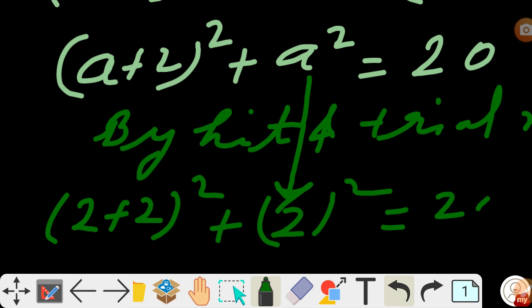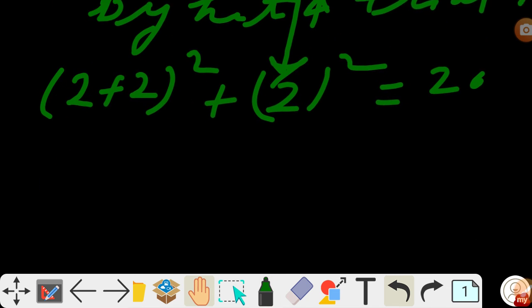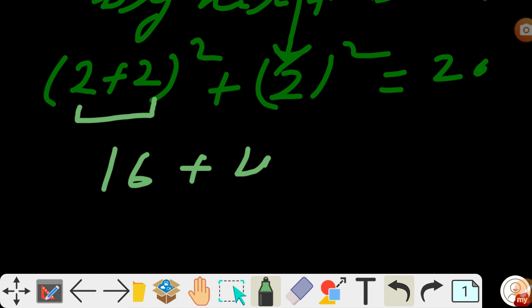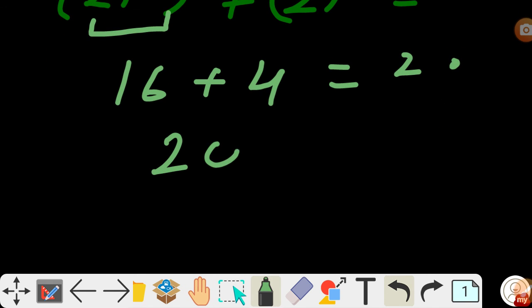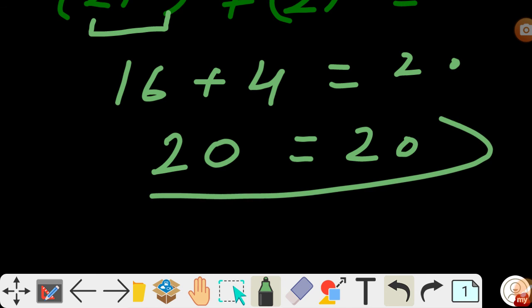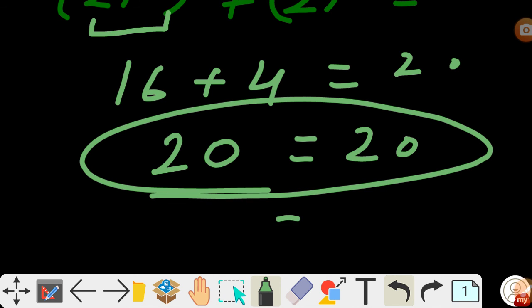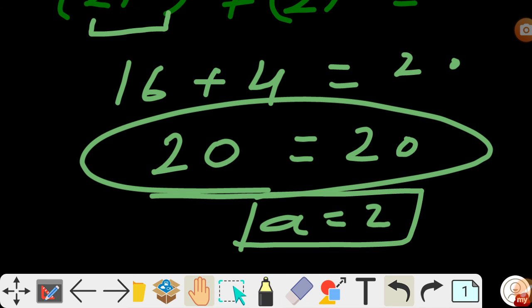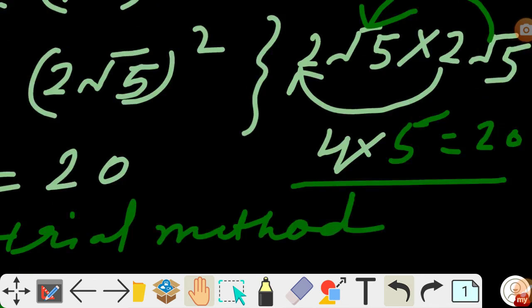If this equation is satisfied, a equal to 2, 2 plus 2 is 4, square 16, 2 square is 4, so 16 plus 4 equal to 20. It means 20 equal to 20, so this is satisfied. It means we take the value a equal to 2.